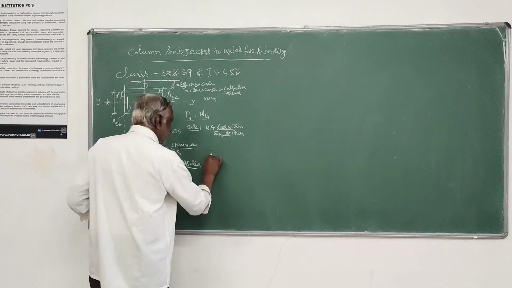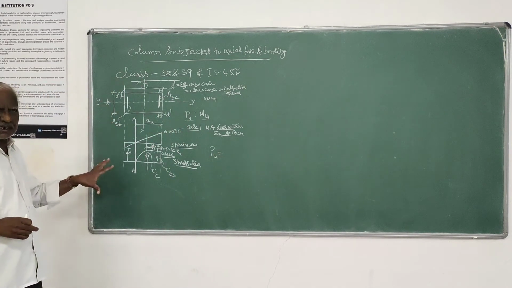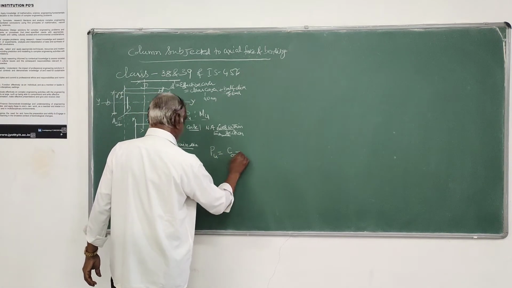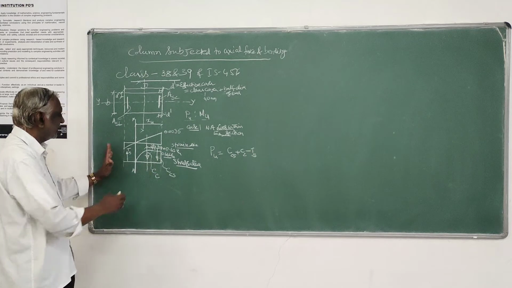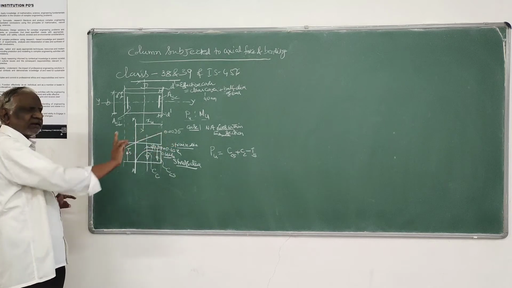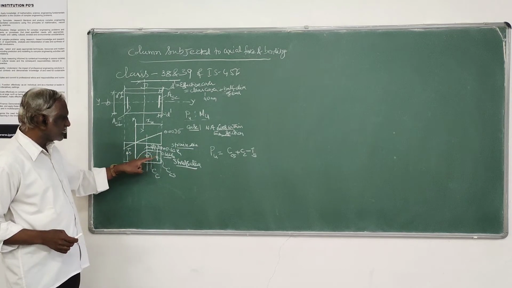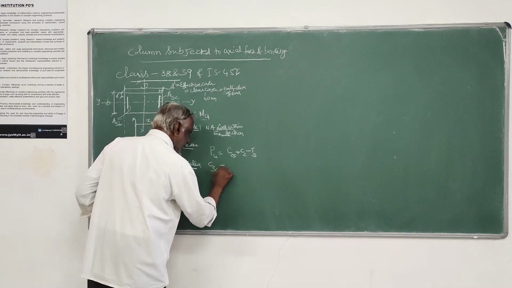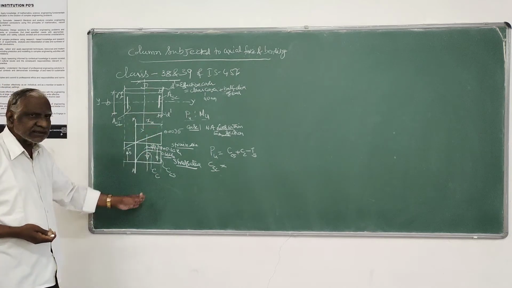Therefore, the ultimate load Pu of this section under this state is given by CS plus CC minus TS, because the neutral axis lies within the section, so this part will be in tension only, which is why I have taken TS. Each of these forces you can determine. The CS force is given by what you already know from the design of doubly reinforced sections, when steel is provided in the compression zone.